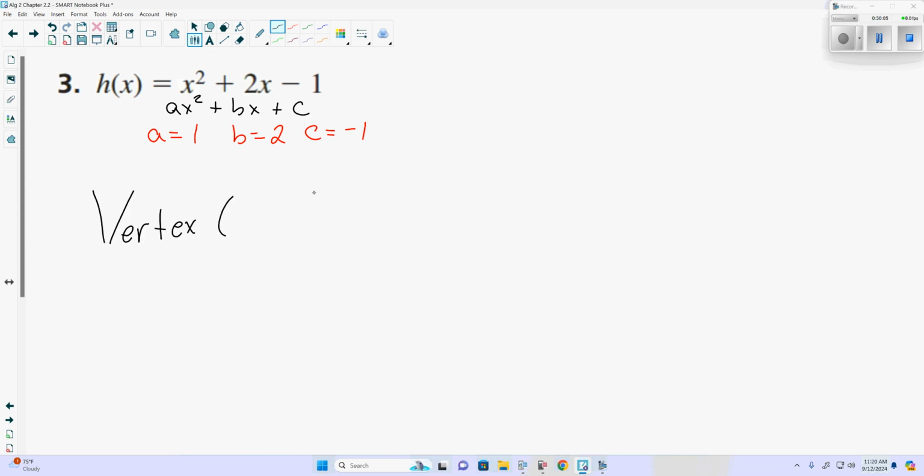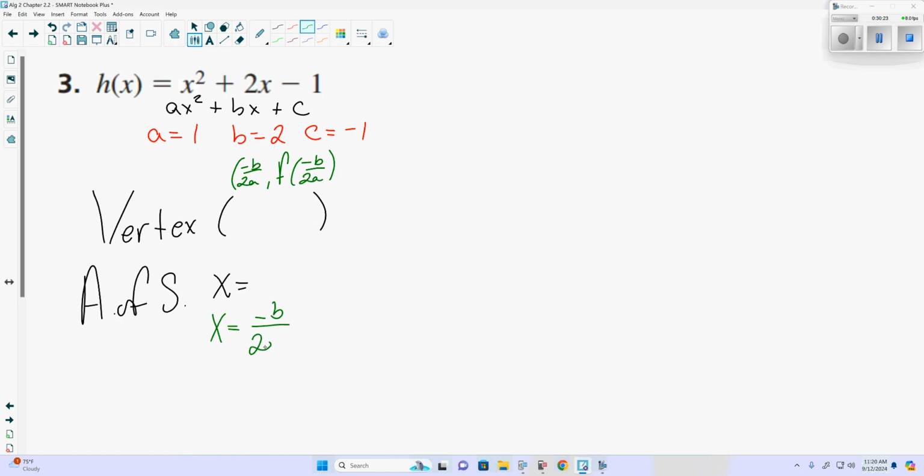Axis of symmetry. So our vertex, again, is our negative b over 2a, comma f of negative b over 2a. Axis of symmetry, x is equal to negative b over 2a.